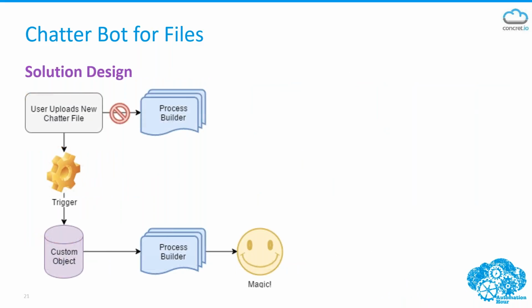Thankfully, those objects do support a trigger. So like with all the other solutions, I put together a simple trigger that was going to monitor when those records were changing. And then I just copy the necessary field values into a shadow object. And from there, we can leverage Process Builder to do all of our magic.